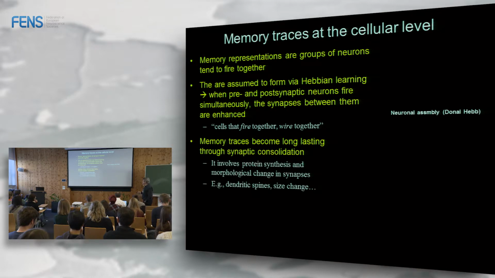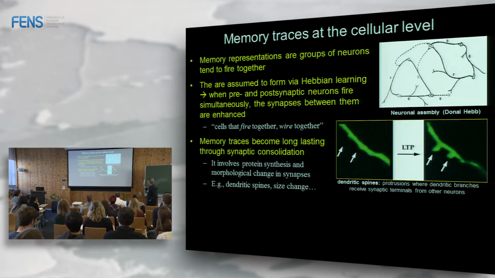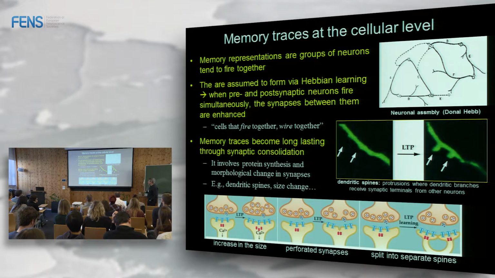For long-term effects, there has to be some synaptic protein synthesis and some morphological changes in the synapses, for example changes in the dendritic spines.